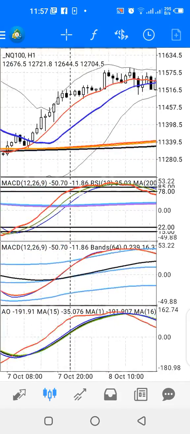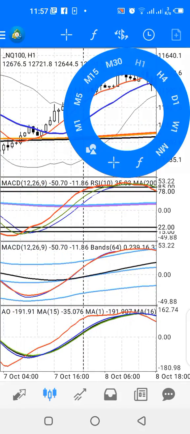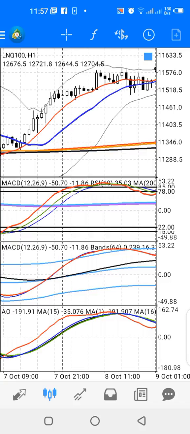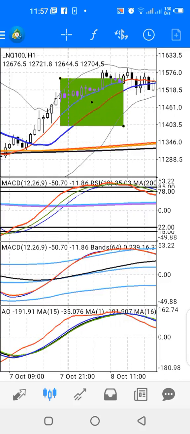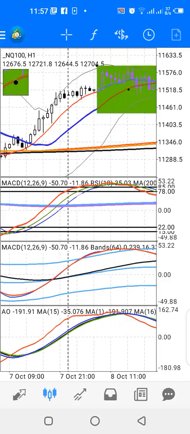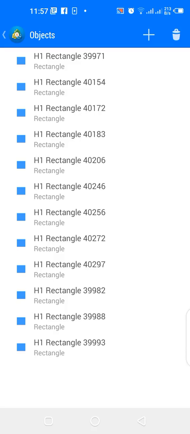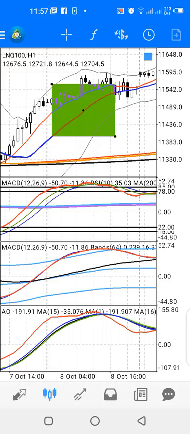We can see that the Bollinger Bands with the moving average within stay above my moving averages around here.